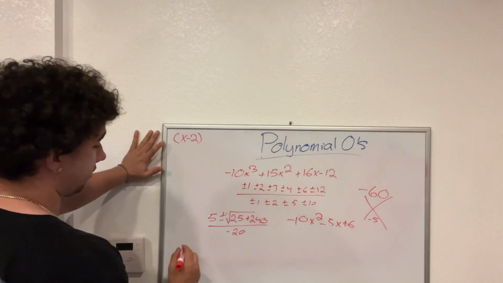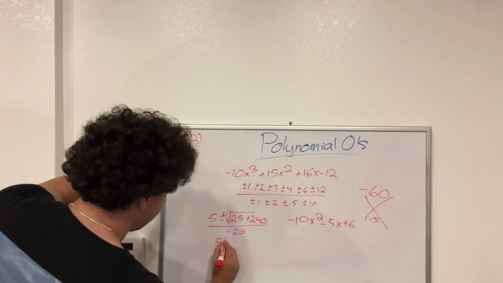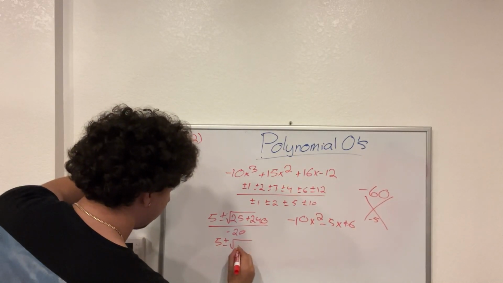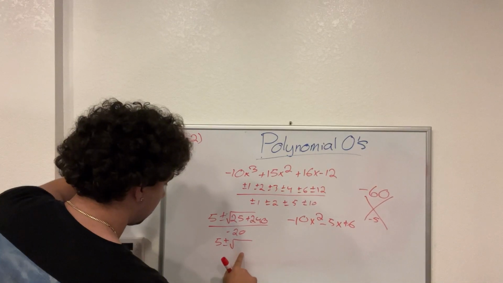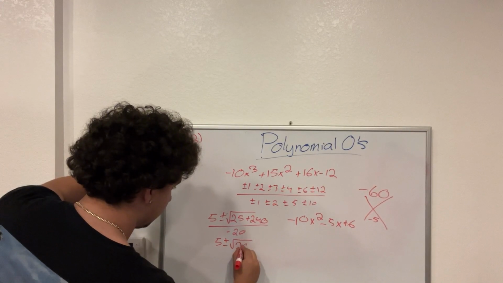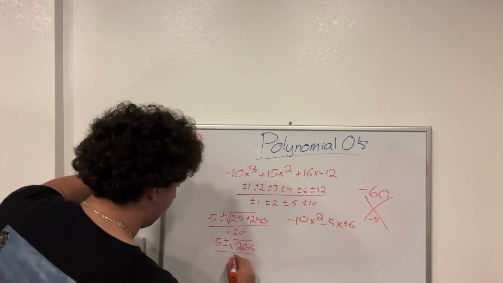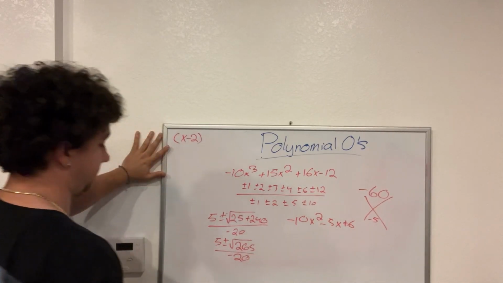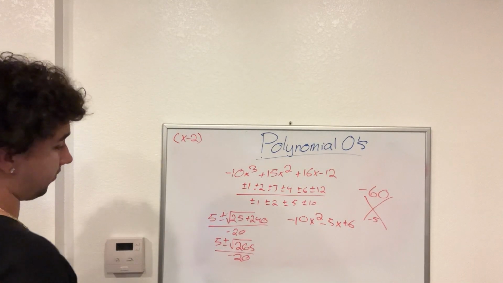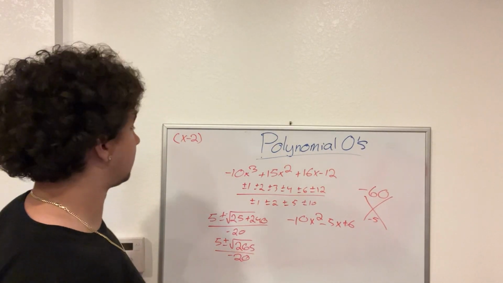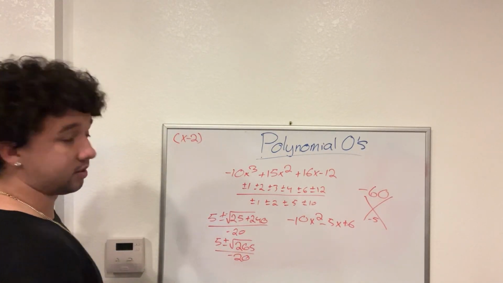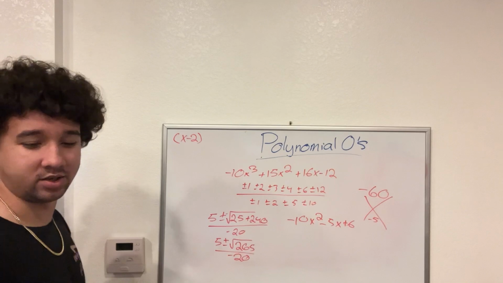That leaves me with my other zeros being 5 plus or minus the square root of 265, all over negative 20. And even then, I'll just leave it like that. So those are all of my zeros. In this case, I got 2, and then both of these. And that would be how I'd answer this question.